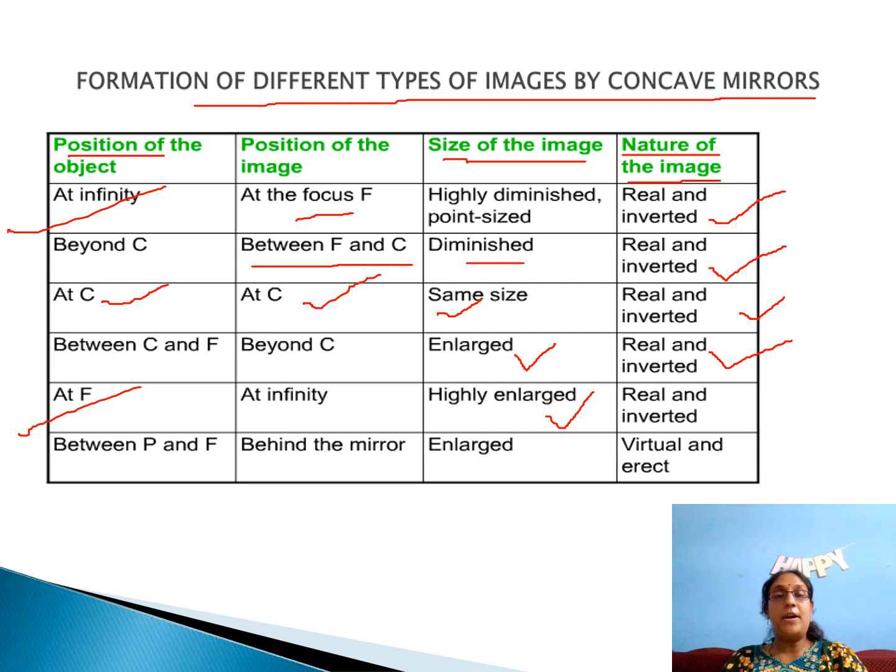So when you keep the object between your pole and your focus, the image is formed behind the mirror, and the size of the image is enlarged. And the nature of the image is virtual and erect.